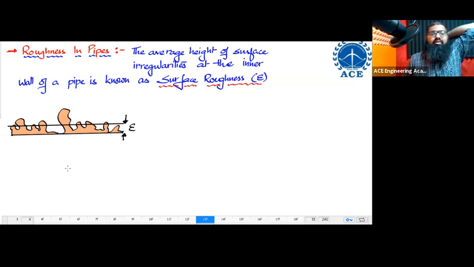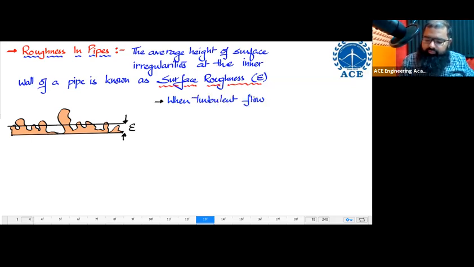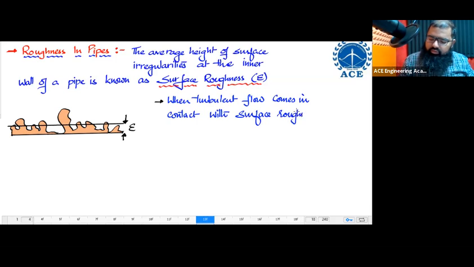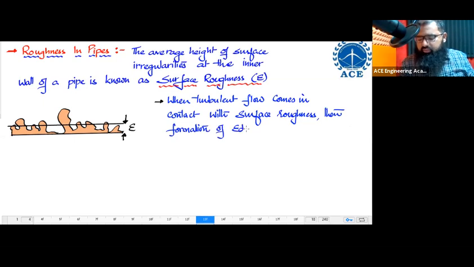Now the question is, what is the significance of this surface roughness? The significance of surface roughness is this: when turbulent flow comes in contact with surface roughness, then formation of eddies takes place.